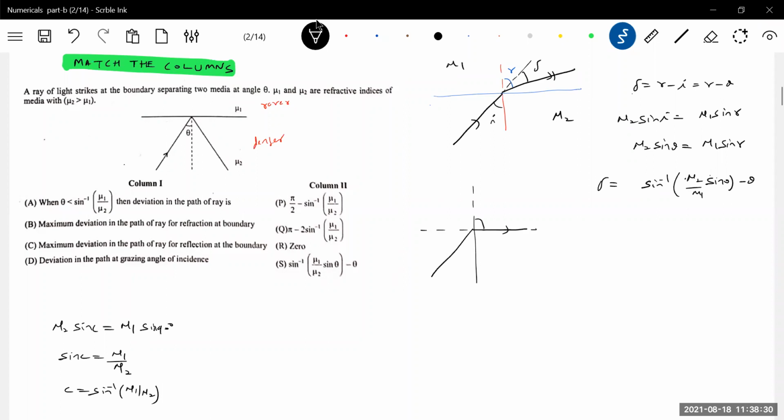This deviation will be maximum. When the angle of incidence is greater than the critical angle, then this is the deviation we can put to be maximum.